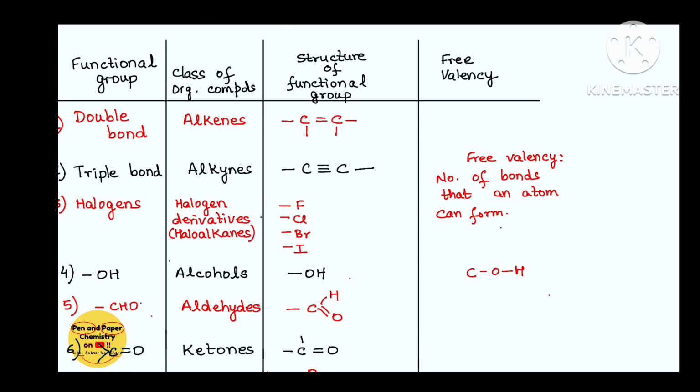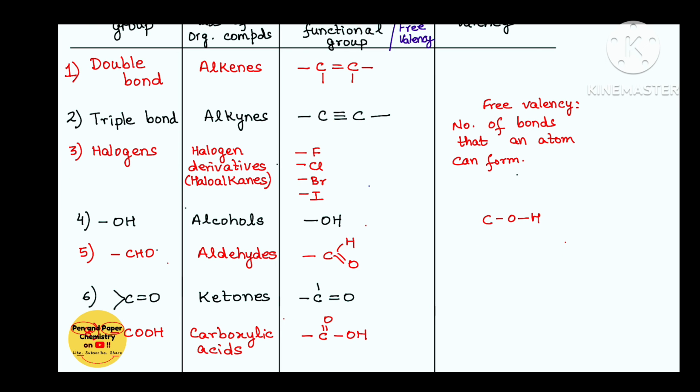So let's write down the free valencies over here. Of course, in the case of alkanes, alkenes, alkynes, we can't define a free valency. In the case of halogen derivatives, free valency is 1.